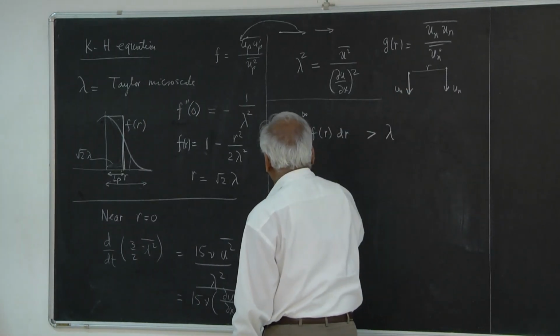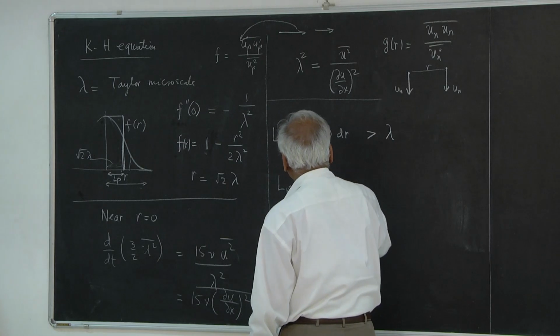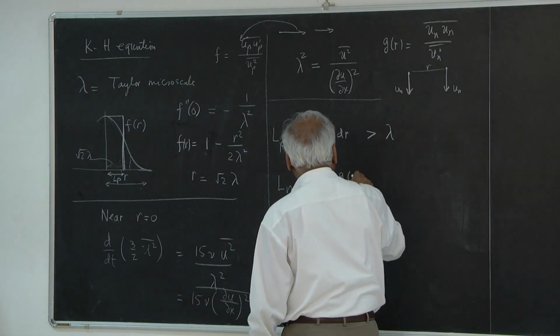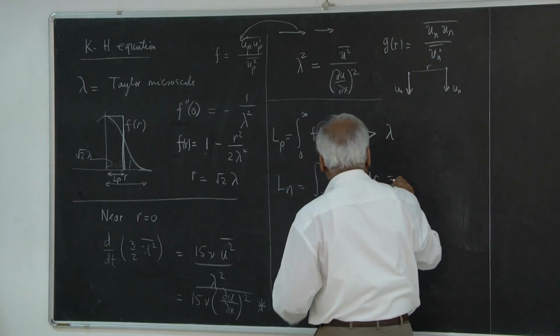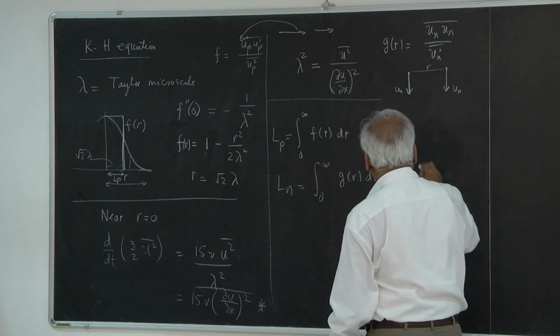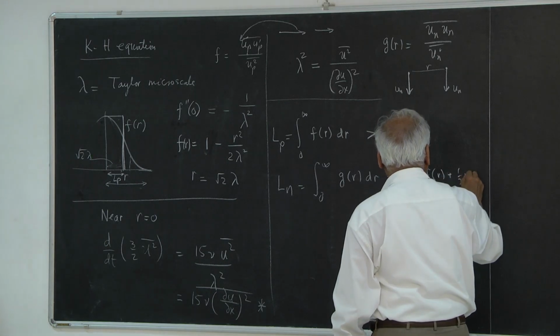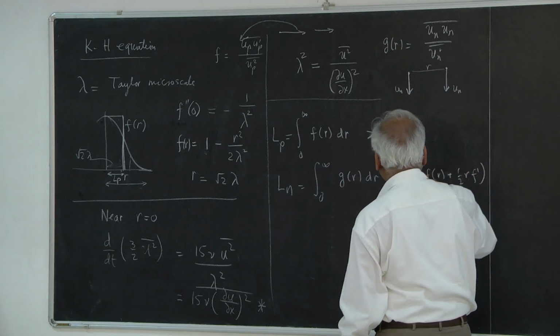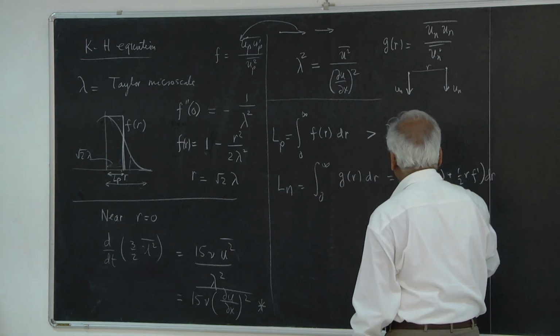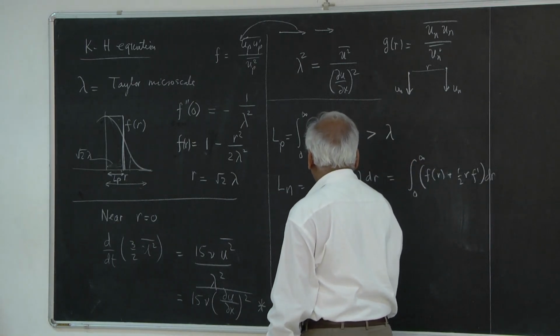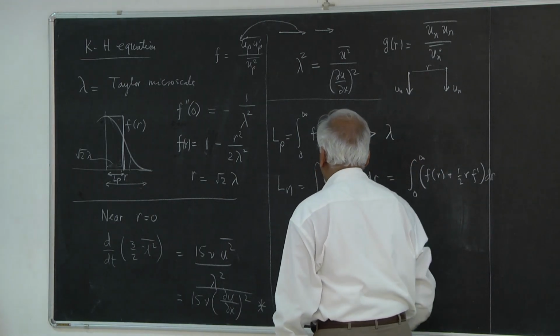You can do this as well: the integral from 0 to infinity of g(r) dr, and g(r) is simply f(r) plus 1/2 r f'(r), and this will give you L_P by 2.